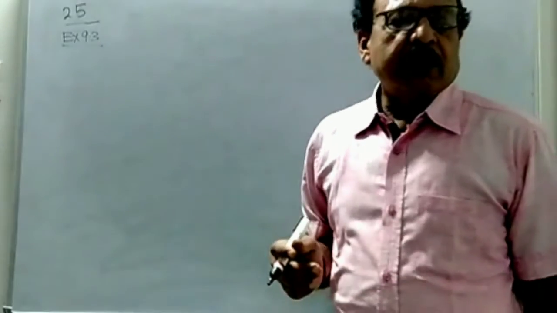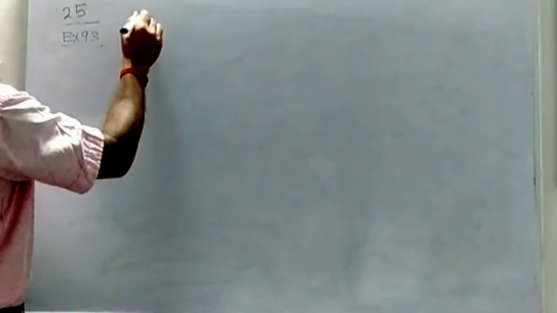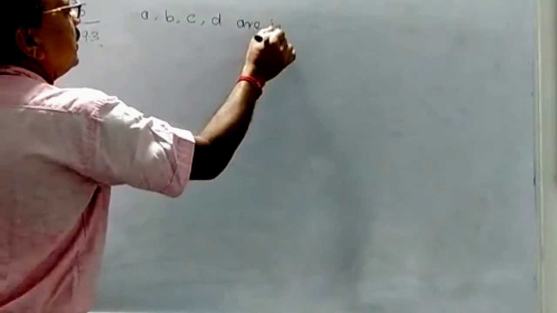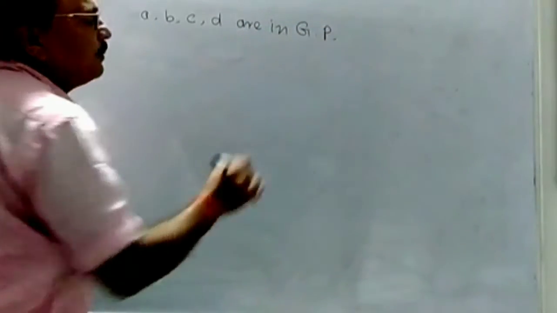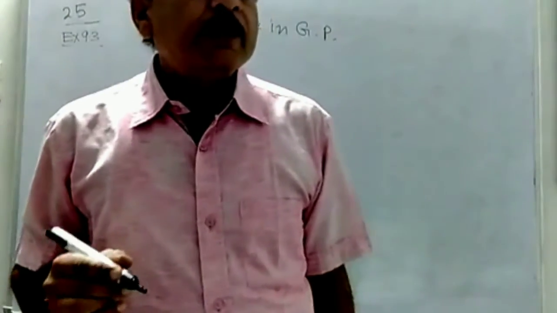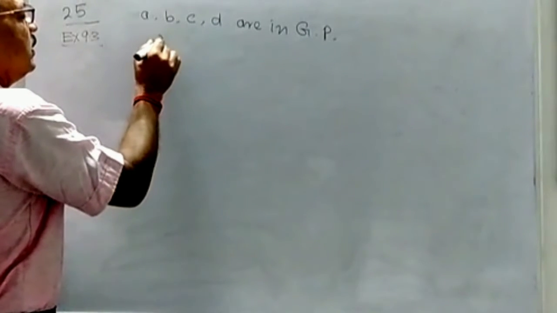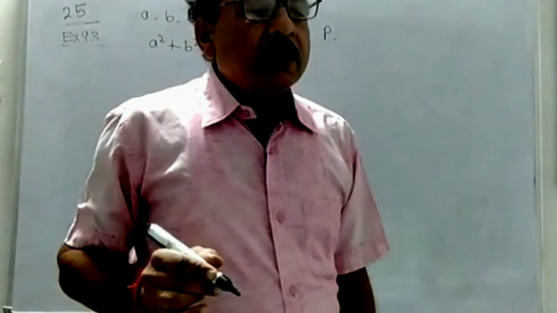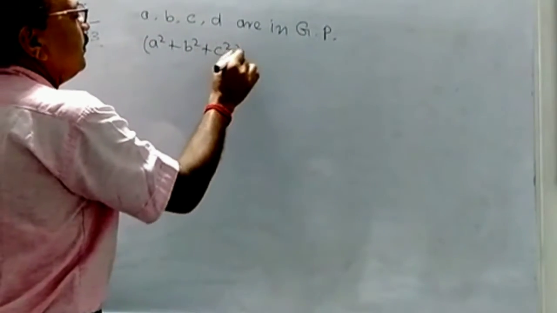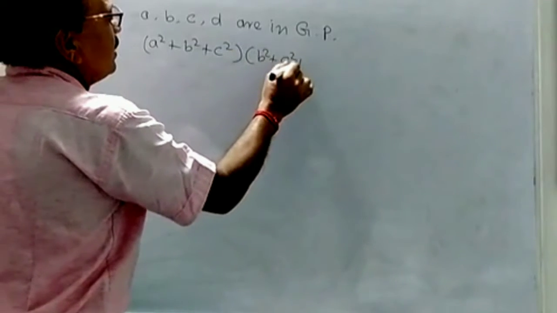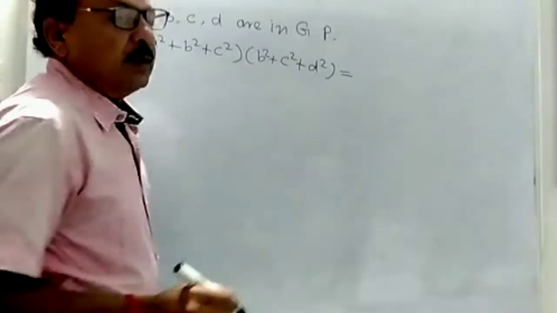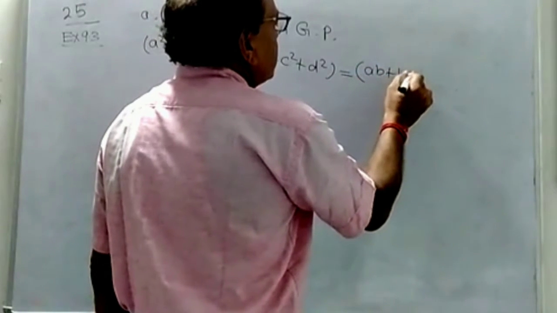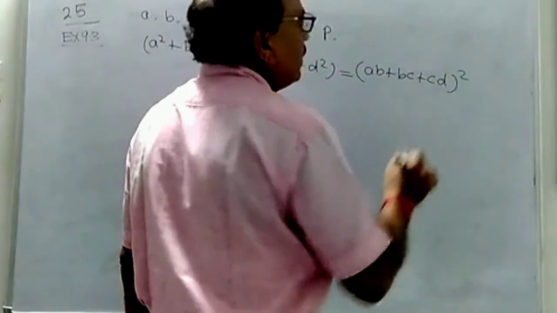If A, B, C, D are in GP, then prove that (A square plus B square plus C square) into (B square plus C square plus D square) is equal to (AB plus BC plus CD) whole square.